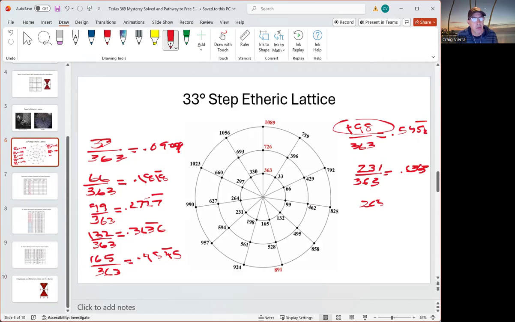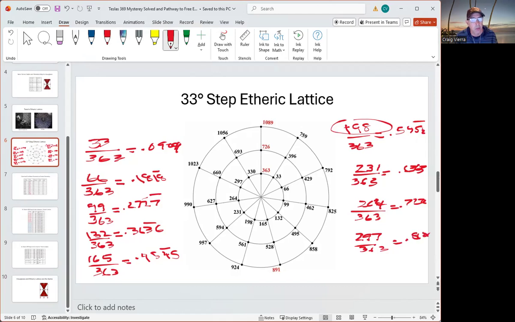265 or 264 over 363. This is going to be 0.7272. Then 397 over 363 is 0.8181. That's also 9/11.